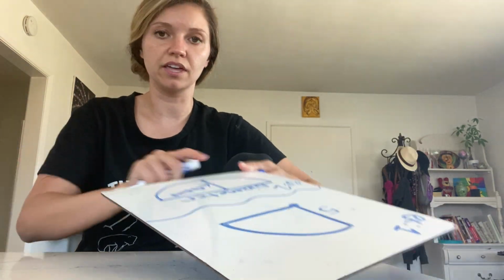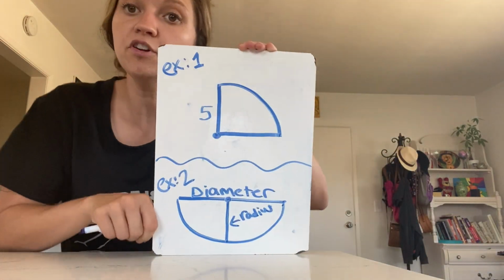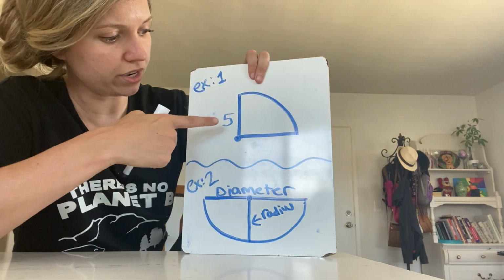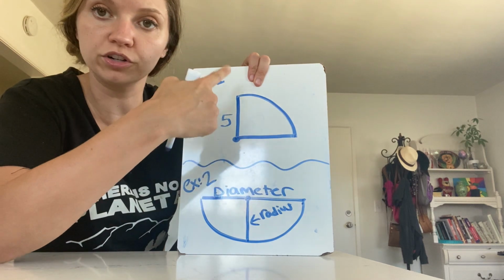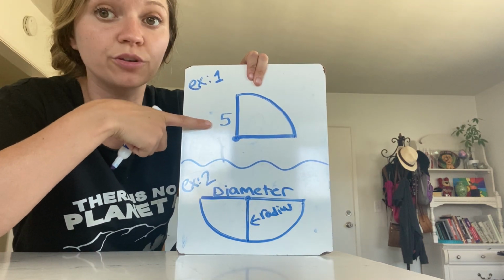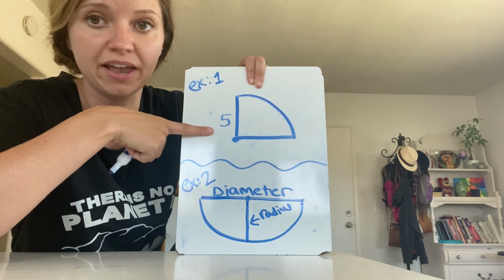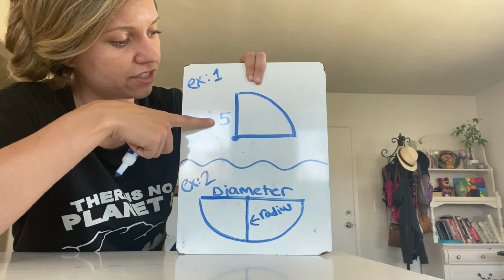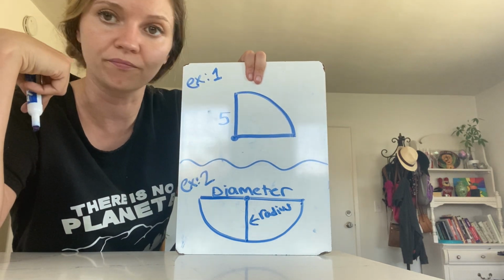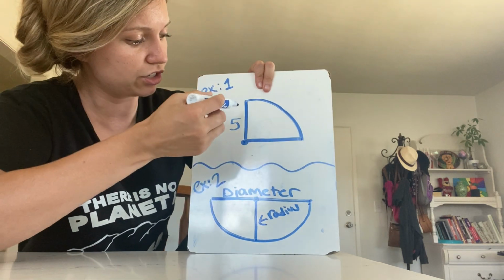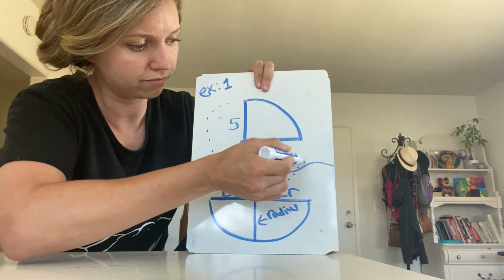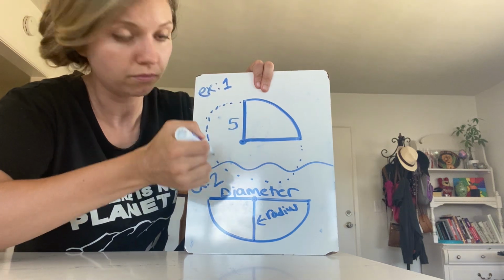Now, another part of this that you need to understand, in some of your problems, you are given partial circles. So here, you've been given a quarter circle and it has this number 5. This 5 is the radius, not the diameter. A lot of people are seeing this and they're like, oh, it's all the way across, so that must be the diameter. It's still the radius, because you're going to still imagine as if we had a whole circle.